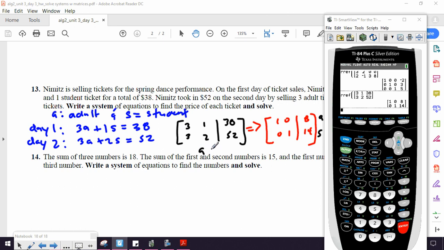Adult tickets cost $8, whereas the student tickets cost $14.